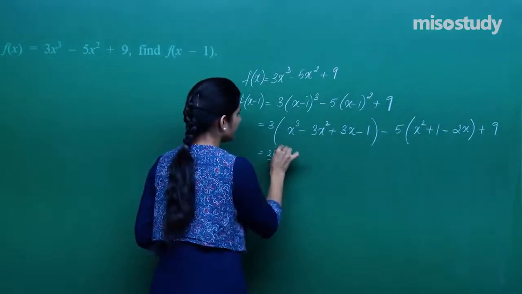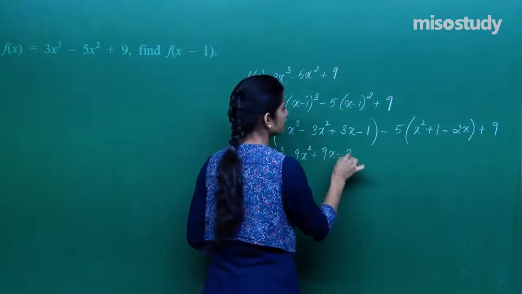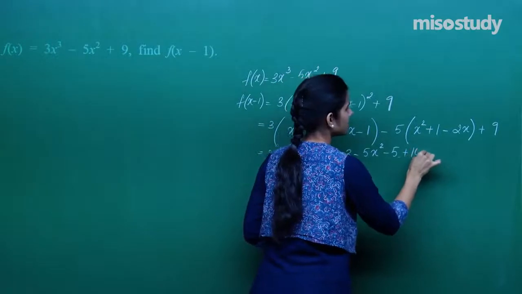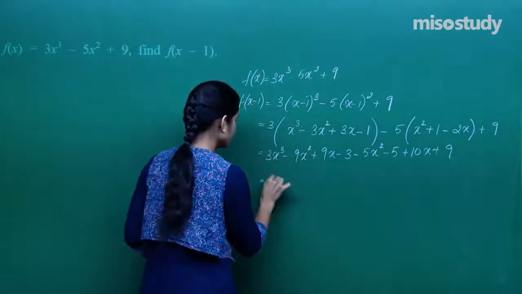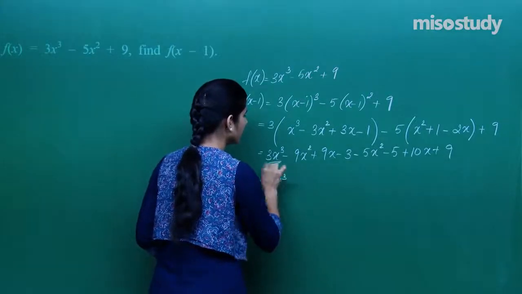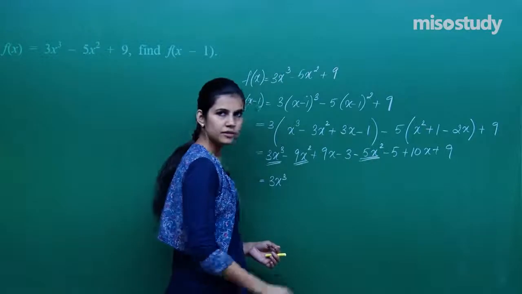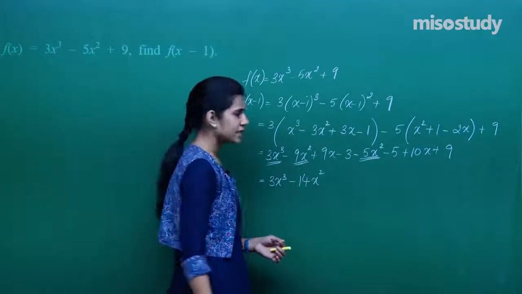So you have 3x cube minus 9x square plus 9x minus 3 minus 5x square minus 5 plus 10x plus 9. This gives you 3x cube. Then you have minus 9x square minus 5x square, that is minus 14x square.